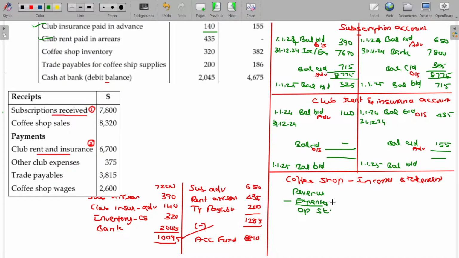With that opening inventory, you can add the purchases, minus closing inventory. That's the order or format.